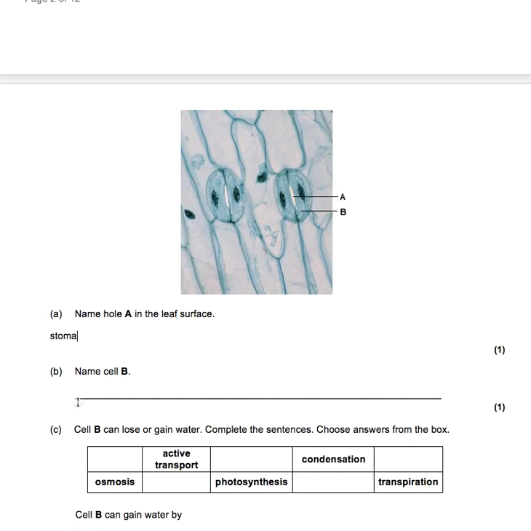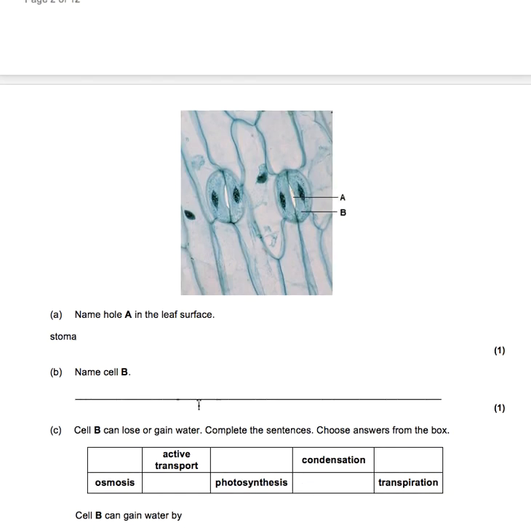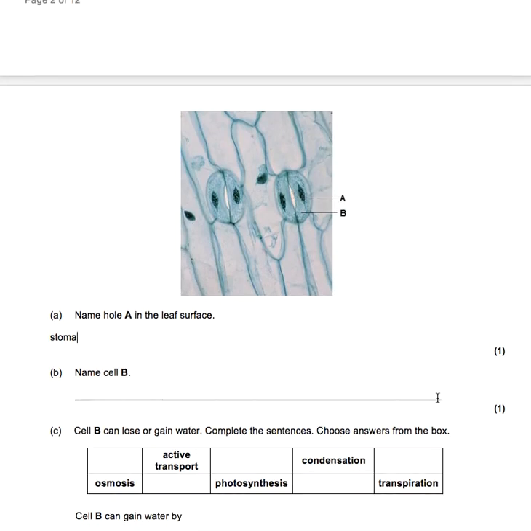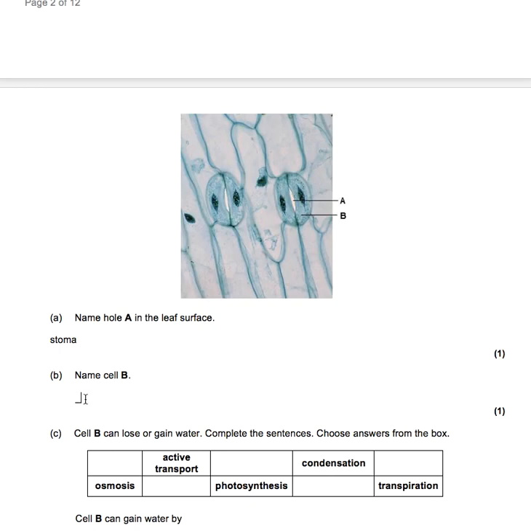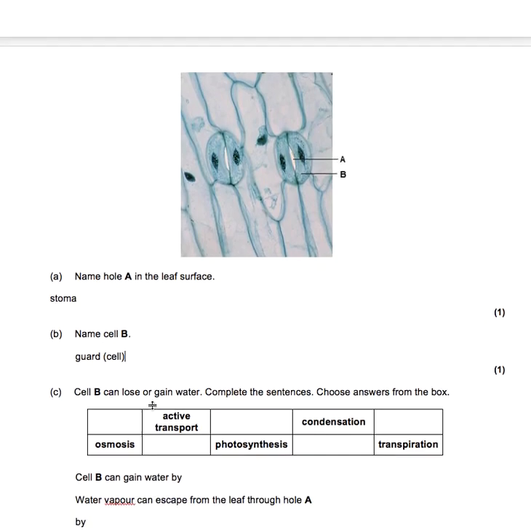Name cell B. Cell B is a guard cell, of course. The word cell is not necessary. That's why it's in brackets. So it is a guard cell.